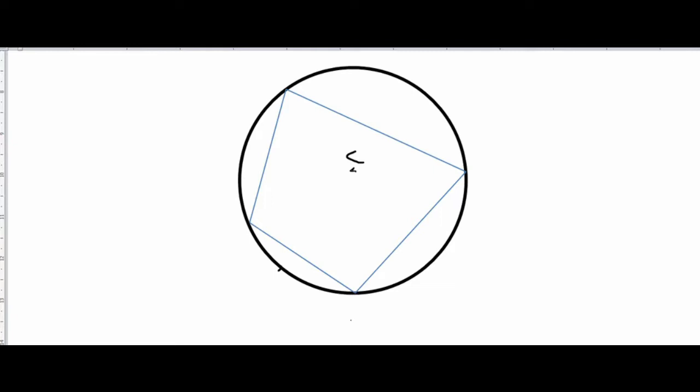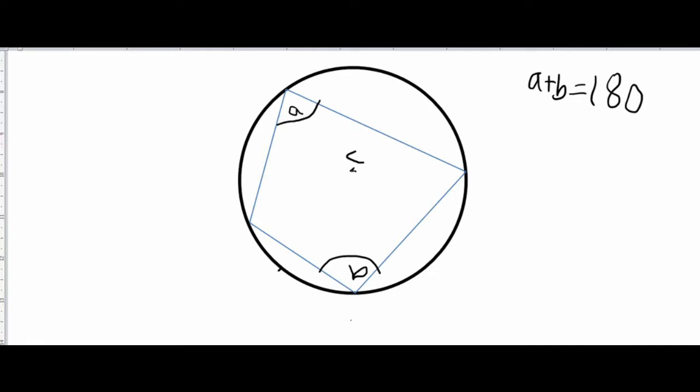So what this theorem states is that if we take any angle, such as this one here, and let's call it A, and then take the angle opposite to that one, this one here, and call it B, then A plus B is equal to 180 degrees.